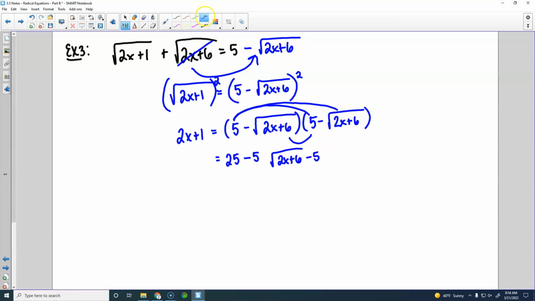We'll get the same thing right there in the middle. You'll notice that happens every time. You're going to get those same terms right there in the middle. And then for the last one, I'm going to have square root of 2x plus 6 times square root of 2x plus 6, which is just going to give me 2x plus 6. And so these middle two terms should be able to be combined every time, which is going to give me negative 10 square root of 2x plus 6.